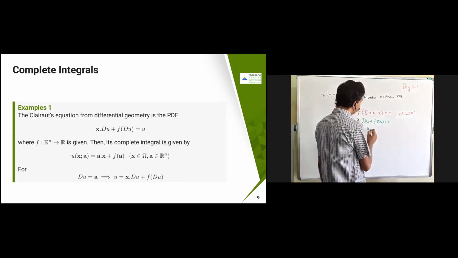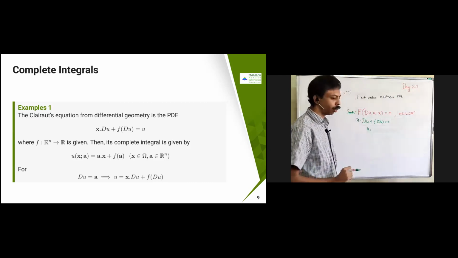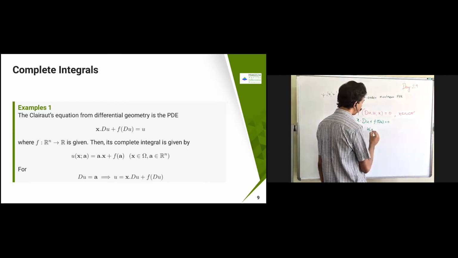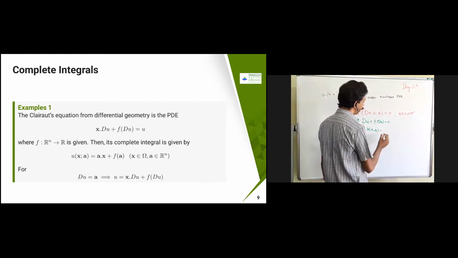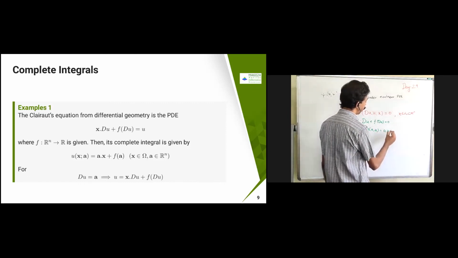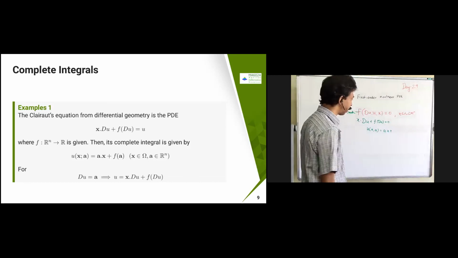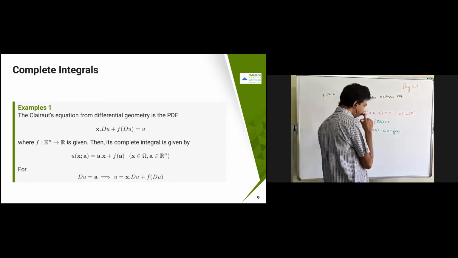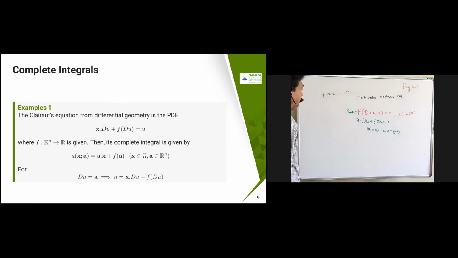I take u equal to u of x; a, since I have to find the corresponding parameter for it, which is nothing but the complete integral. So the complete integral is going to be a · x plus f of a. So this is called the complete integral of that.